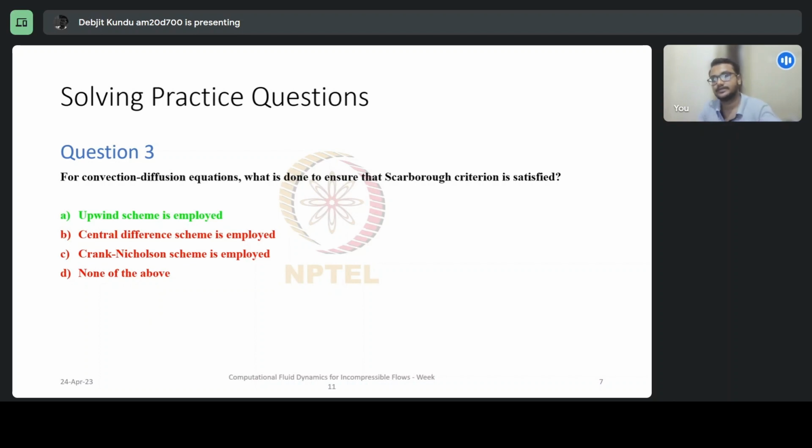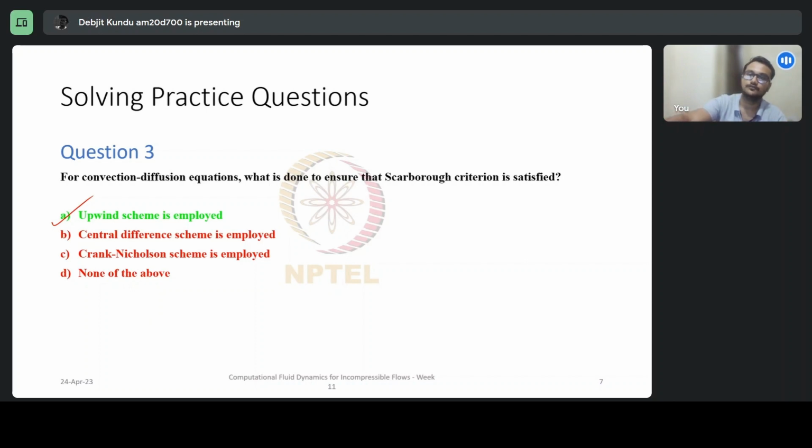So that's why in convection diffusion equations, upwind scheme is employed to ensure that we satisfy the Scarborough criterion and the benefits along with it.